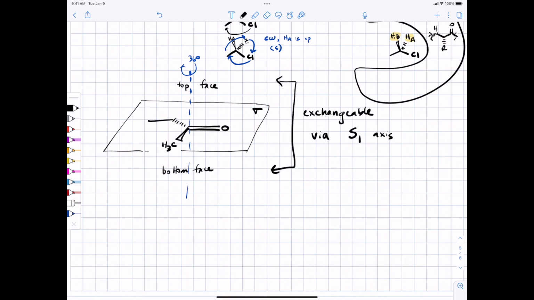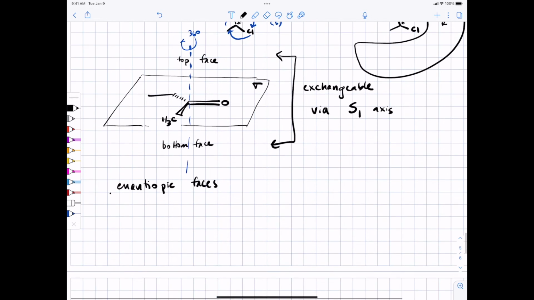So we call these enantiotopic faces. And what this means is a chiral reagent or a protein can distinguish the top face from the bottom face.